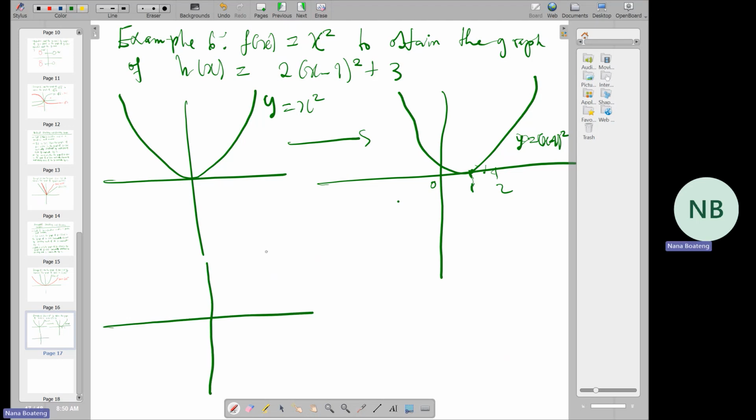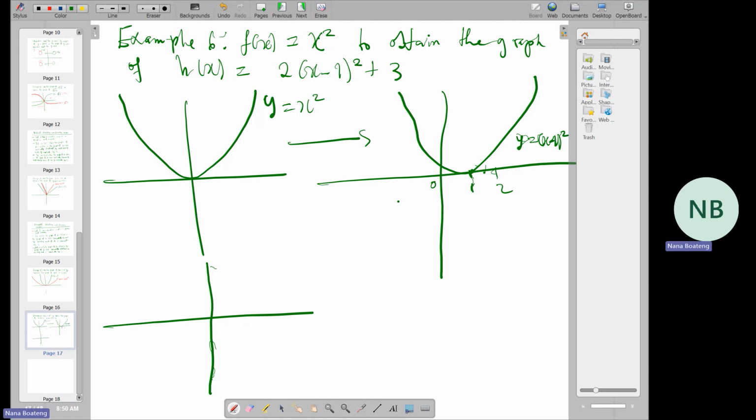So that is a vertical, because 2 is greater than 1. That will be a horizontal shrinking.